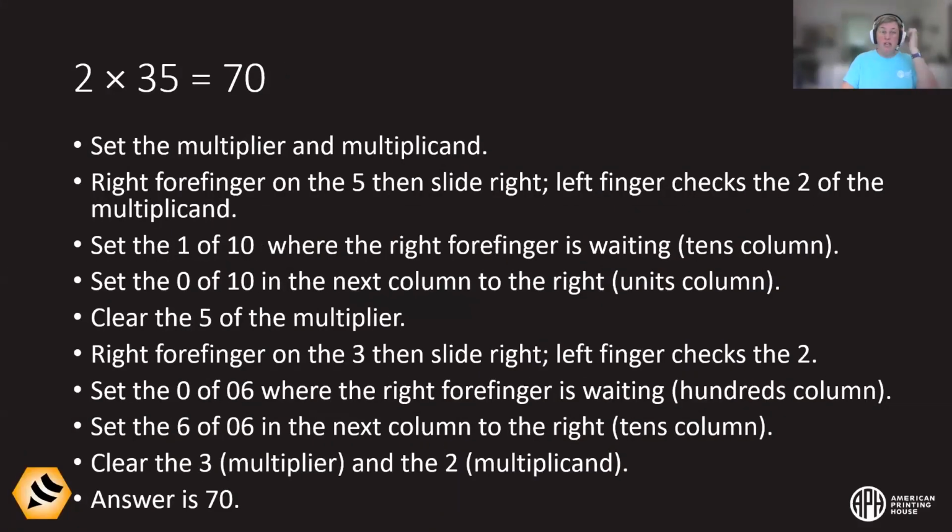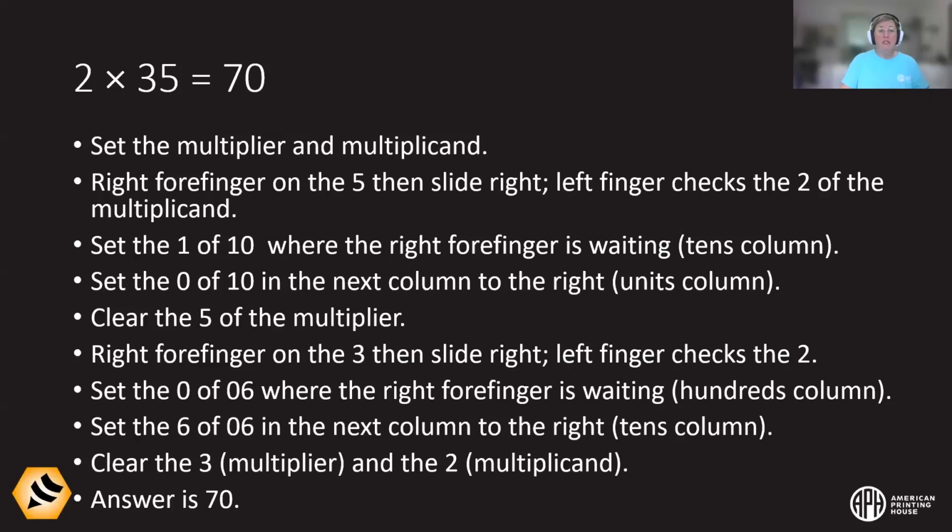Let's try another one. Let's try 2 times 35 equals 70. Set 2 times 35. Now, what is the first digit of the multiplier that you're going to multiply by in 2 times 35? Hopefully you said 5.